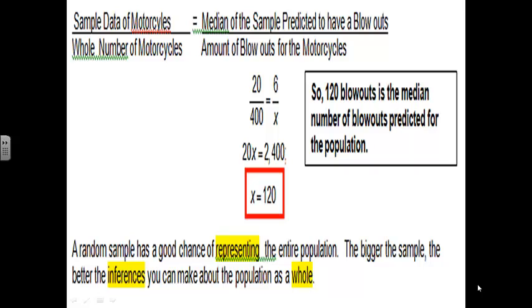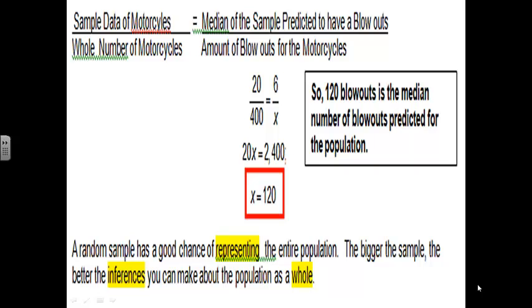So we can cross multiply, and we would get 20x is equal to 6 times 400, which is 2,400. When I divide by 20, I find out that x is 120. So 120 blowouts is the median number of blowouts predicted for that entire population. So in that road race of 400 motorcycles, it's predicted that 120 of those motorcycles will have a blowout during the race. Seems like a lot to me.